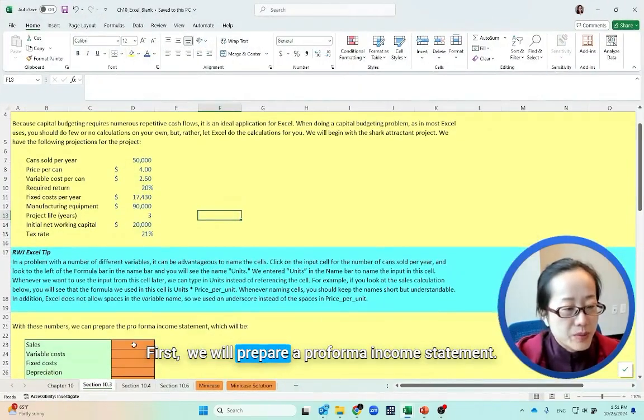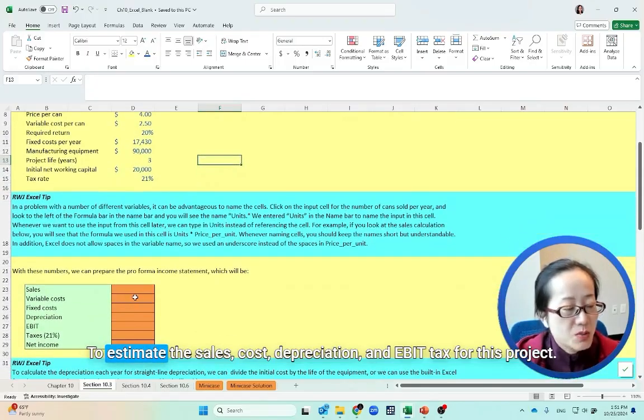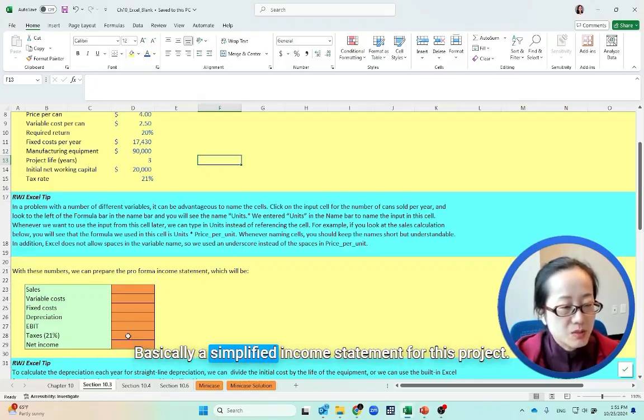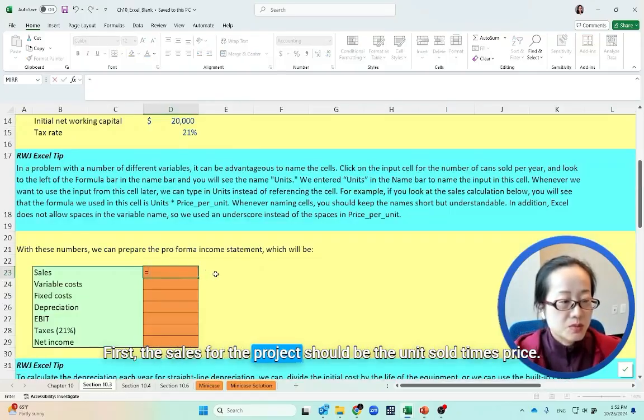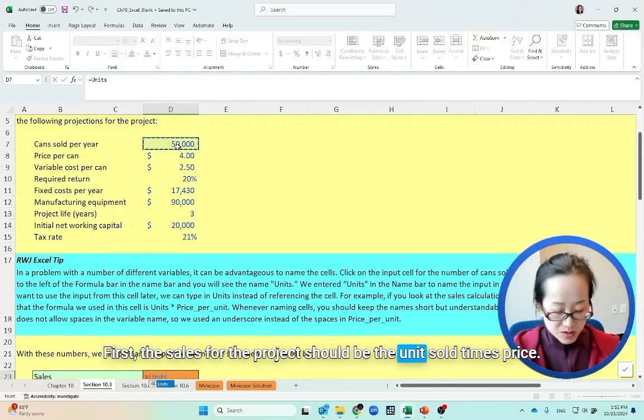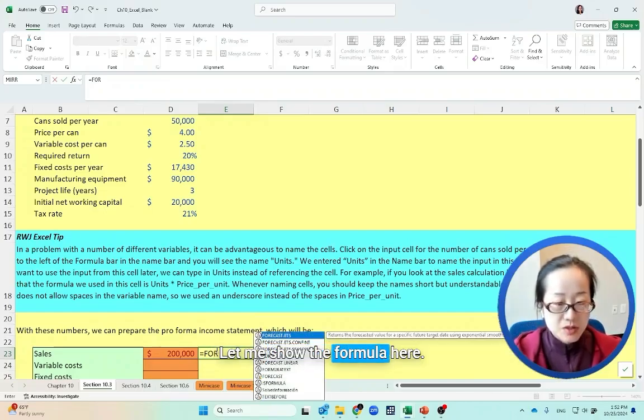First, we will prepare a pro forma income statement to estimate the sales, cost, and EBIT tax for this project. Basically, a simplified income statement for this project. First, the sales for the project should be the units sold times price. Let me show the formula here.